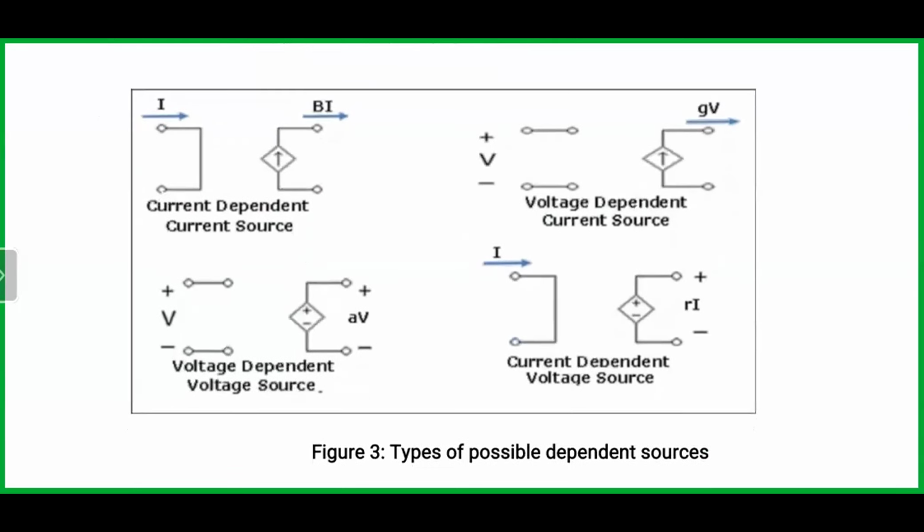Then at the bottom left-hand side, we have the voltage dependent voltage source. This is a symbol, and we have the current dependent voltage source. A current moves in, and then it provides a voltage. This is a symbol as well.